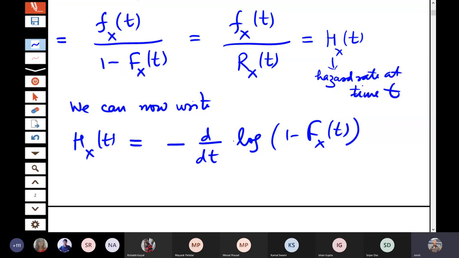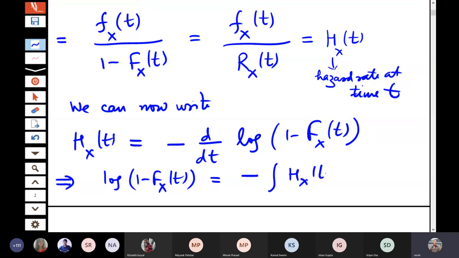So minus minus will become plus. So this also can be considered as a differential equation, which we can just solve. This implies that log of 1 minus F_X(t) is equal to minus integral of h_X(t) and of course plus some constant.